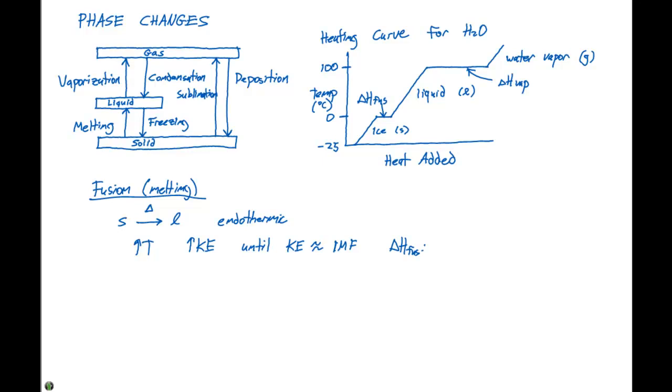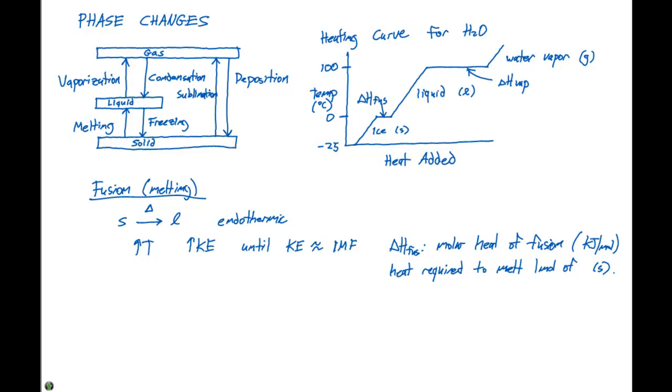This is referred to as the molar heat of fusion, and it's typically represented in kilojoules per mole. It's the heat required to melt 1 mole of a solid.